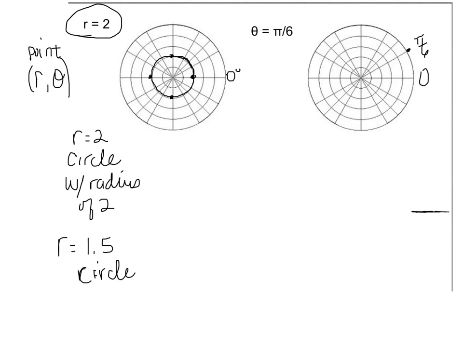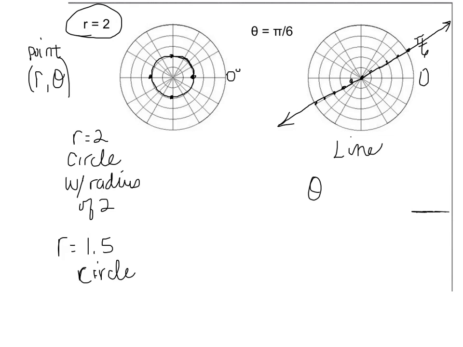Well, if I'm at 0, my angle is still pi over 6. If I'm at -1, it's still pi over 6. If I'm at -2, -3, -4, -5, +1, +2, +3, and you can see that all the points in between are going to be a line. So this is a line that goes through the angle pi over 6.